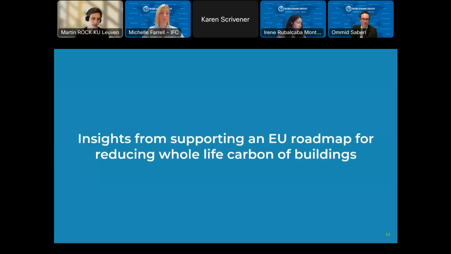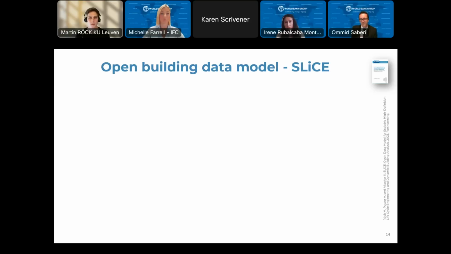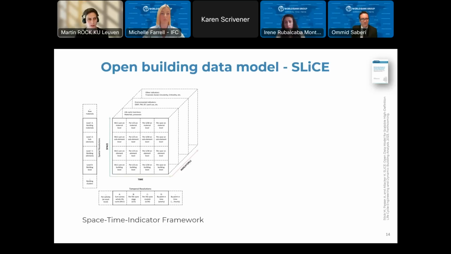And as a last section, I want to give you some insights from our work in supporting the European Commission in developing a roadmap for reducing whole life carbon of buildings across Europe. And this deploys a data model that has been one of the outputs of my own research, where we work to get highly detailed building LCA data covering the material level as well as the building level, so really providing insights on the different contributions at different spatial levels, as well as the contribution at different temporal levels.